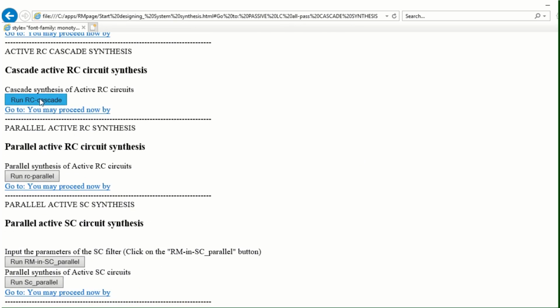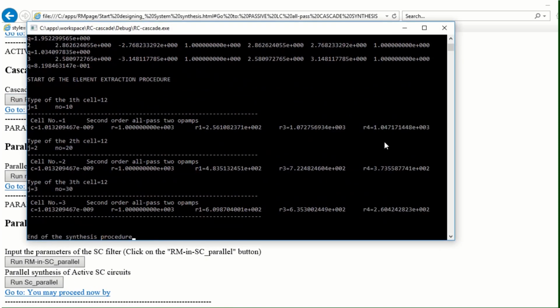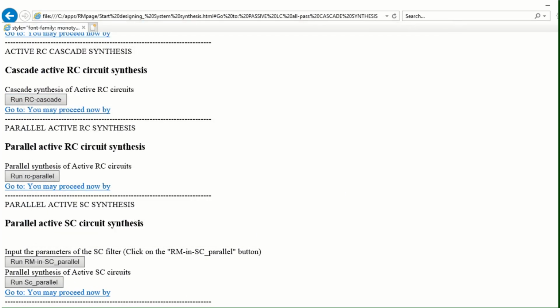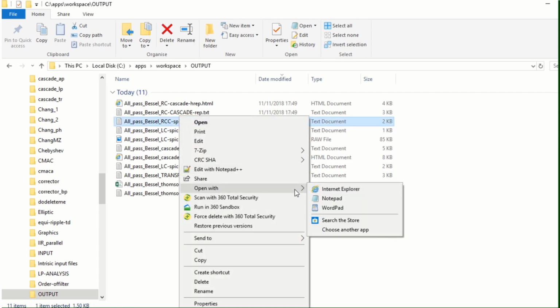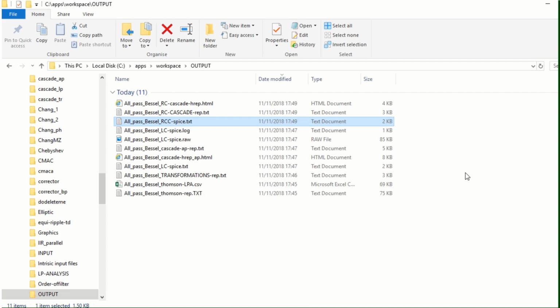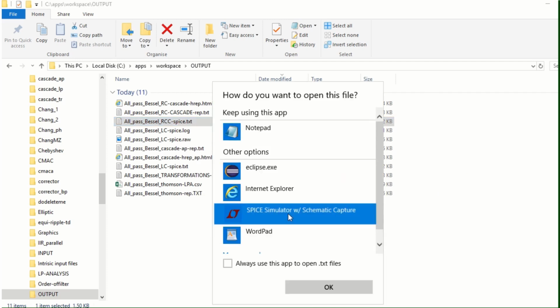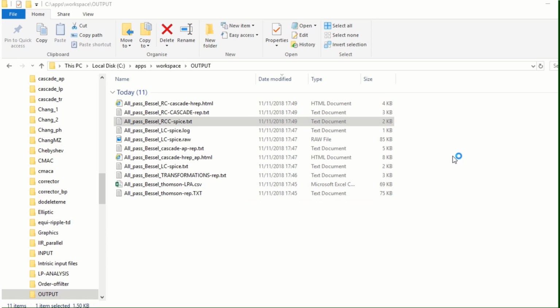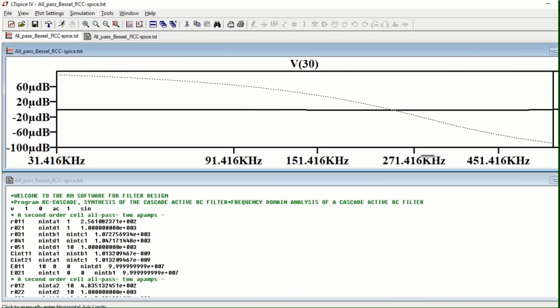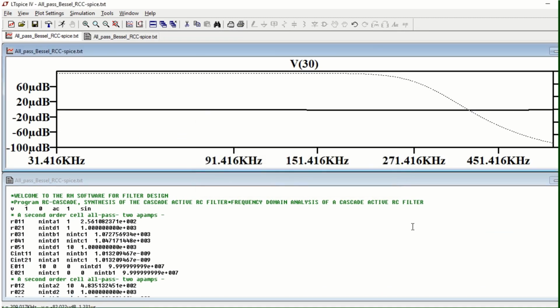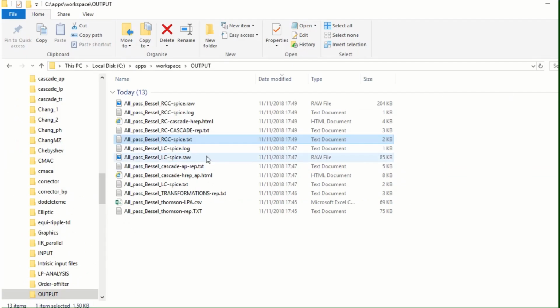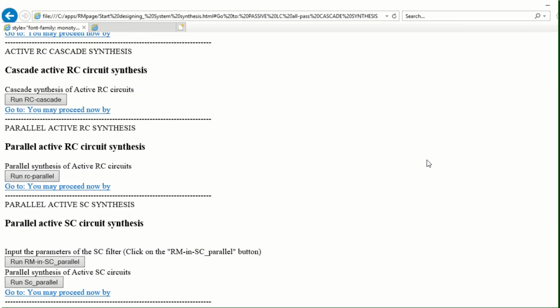Okay, now we will go to the Kaskade RC synthesis. Here is the spice file. Again, let's see the group delay. Of course, everything is the same. And again, 0 dB. Here is the structure.